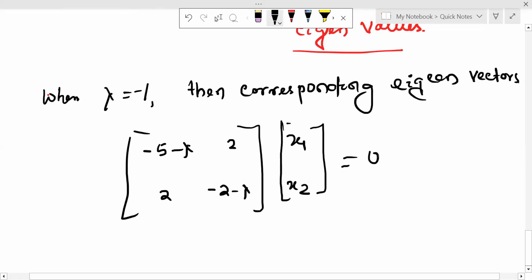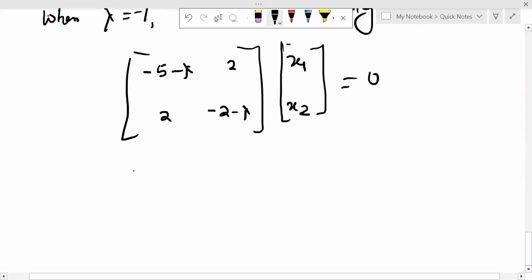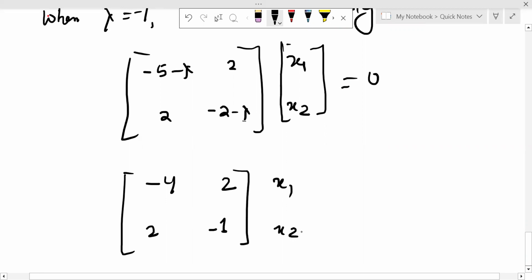Then we put the value of lambda equal to -1, which gives -4, 2, 2, -1, into x1 and x2, equal to 0.